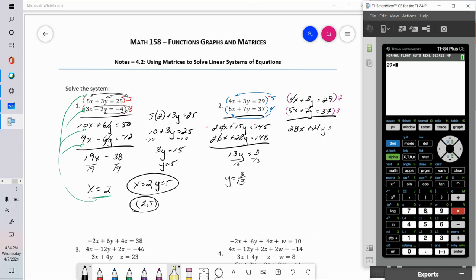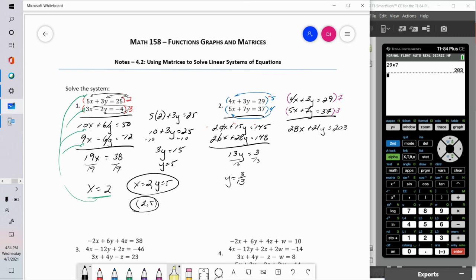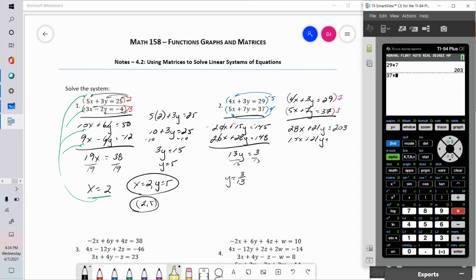And I'll use the calculator for that one. So I'm going to get 203. And on the bottom equation, 15x plus 21y equals 37 times 3.